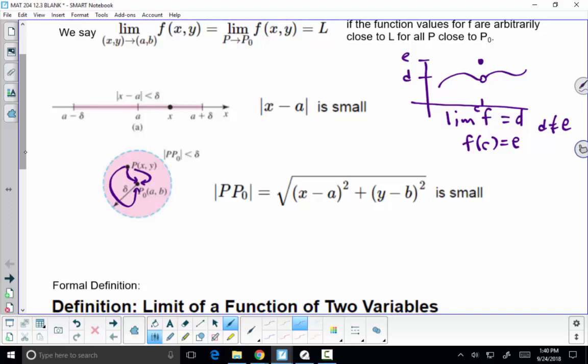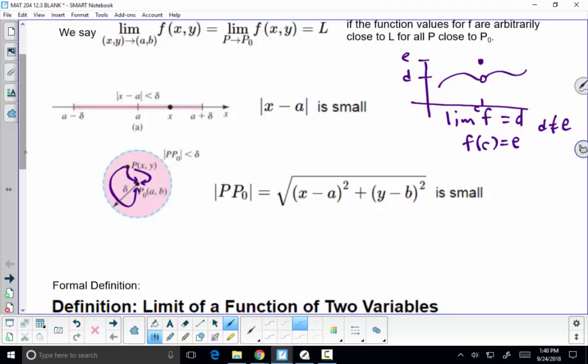So if we build this so-called epsilon interval here, we go over to the function, and that corresponds to a delta interval. So then we look and we figure out what the delta interval is. So that's c plus delta, this is c minus delta.